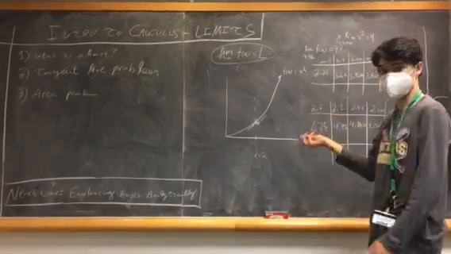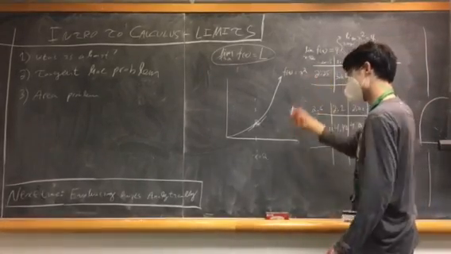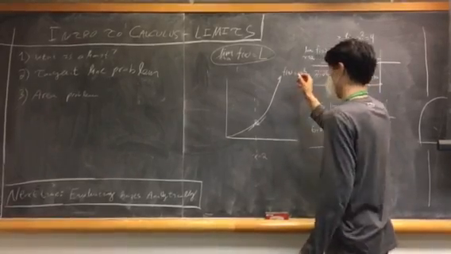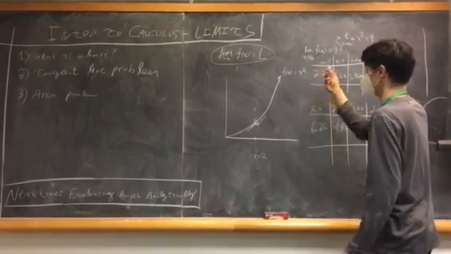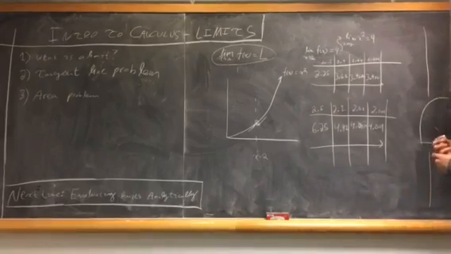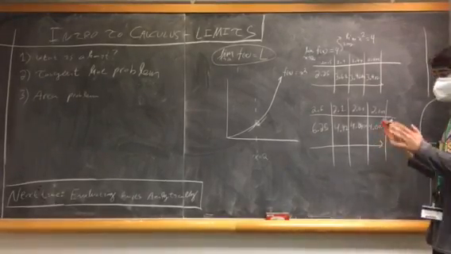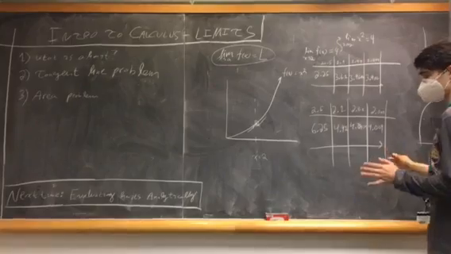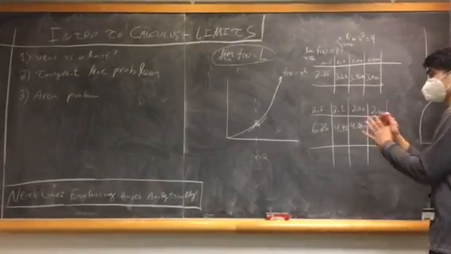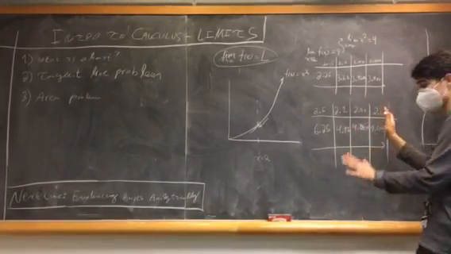And this is consistent with our currently known value of f of 2, which is 2 squared, which is equal to 4. Now, in the next video, I'll go over more complicated ways of solving for these limits. But for now, this is the general idea of the limit.